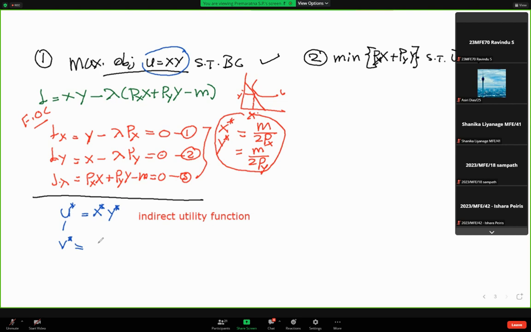Now for x, we already found the answers: m divided by 2px, and for y, m divided by 2py.